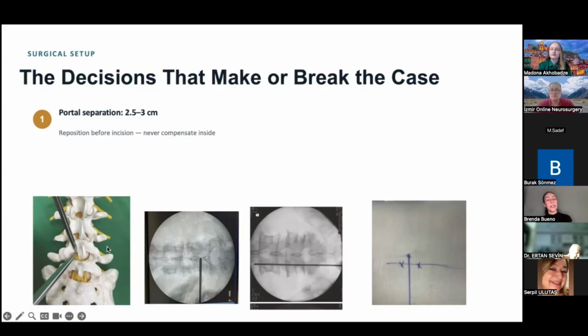Another thing depends on the patient. If the patient is overweight, I recommend you go more lateral with your portals than the standard. And the portals are not static. You need to play with them and plan before you start, because sometimes you cannot continue with the surgery because you are struggling with your own portals.